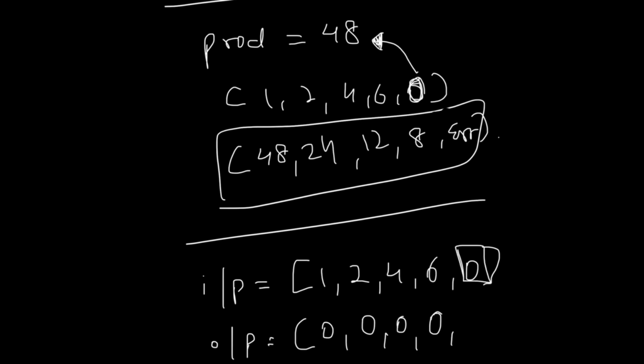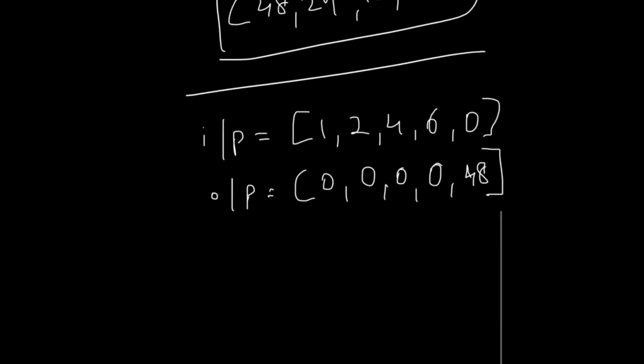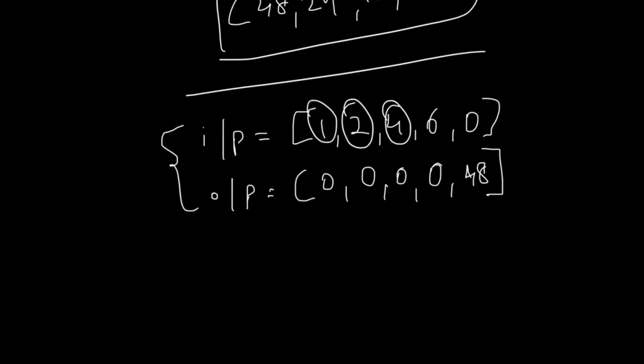So our result for this index will be 48. Basically, if you see both these input and output arrays, our result will have all zeros at non-zero input indexes, which is 1, 2, 4, and 6. But when we come to the 0 input index, we will have the product itself. So that's one way of doing it.